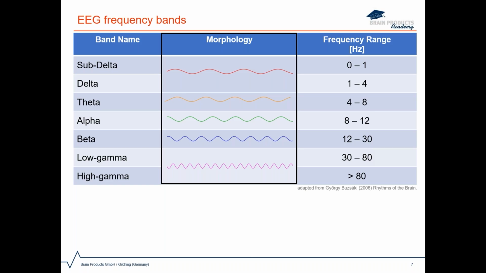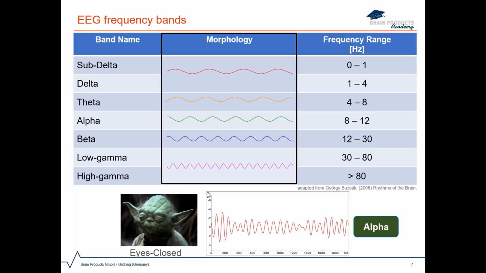The definition of the borders of the frequency bands varies from publication to publication. These brainwaves differ in shape from one individual to another, depending on the functional status of the brain. So, the brain state of the individual makes certain frequencies more dominant. For example, the well-known alpha wave rhythm predominantly originates during wakeful relaxation with closed eyes.